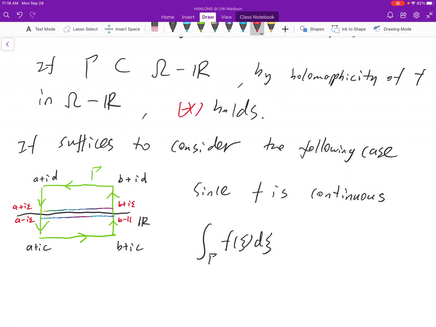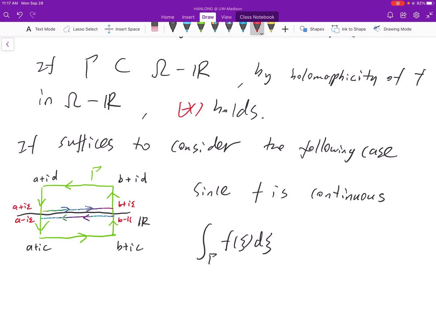But then the direction is as follows. The above one goes from left to right. The line beneath goes from right to left. Okay.